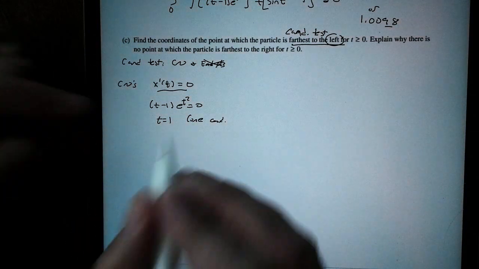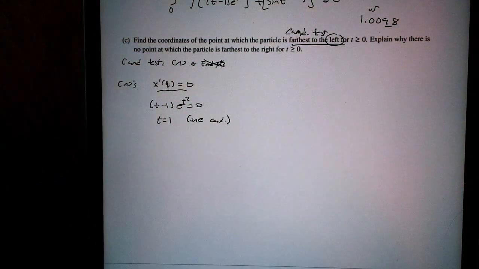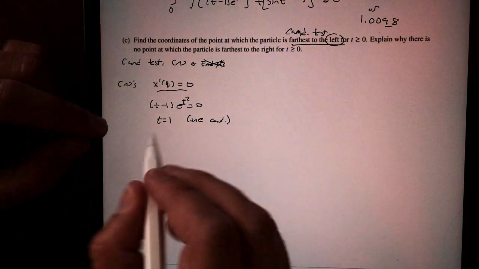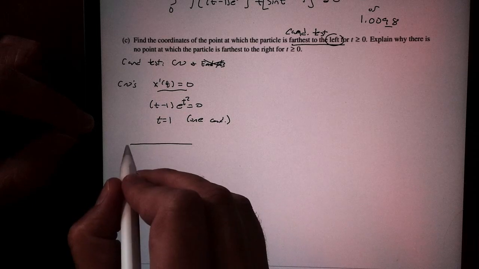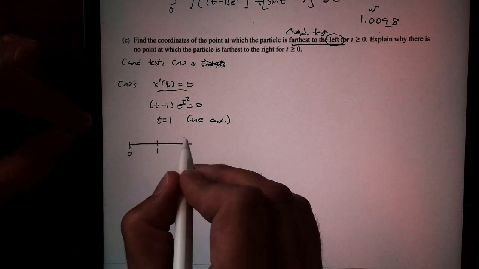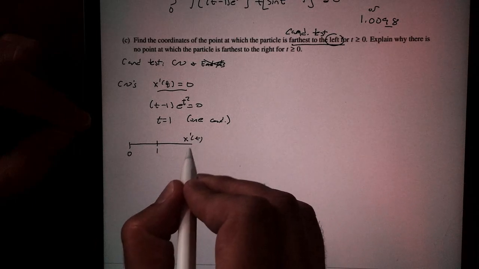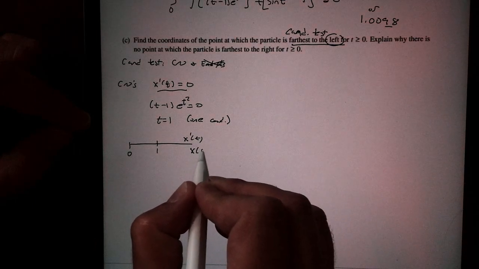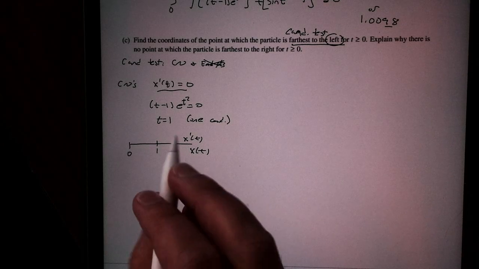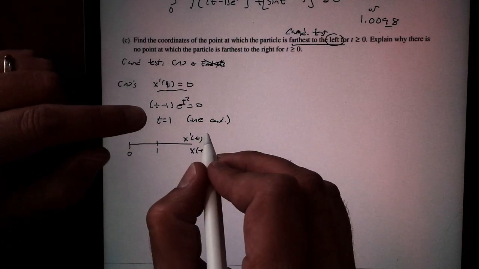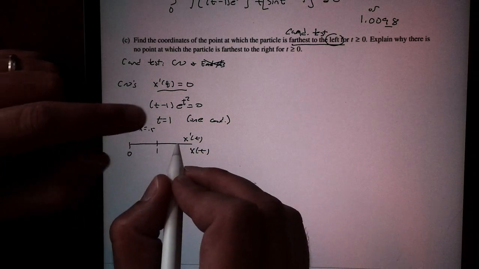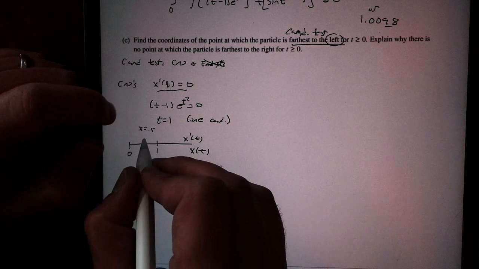So I want to make sure that this one candidate is indeed the furthest left, or in this case, a minimum. Starting at 0, because t is greater than 0, there's 1. Here's x prime of t, and how does it make my function look, x of t? If I plug in something less than 1, like 0.5, this is going to give me a negative times a positive, so this is negative.